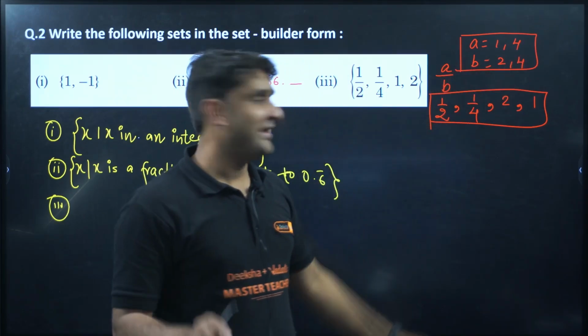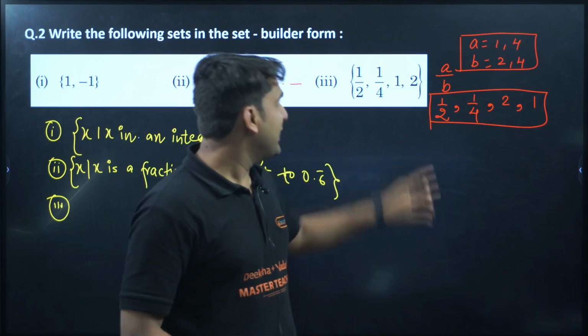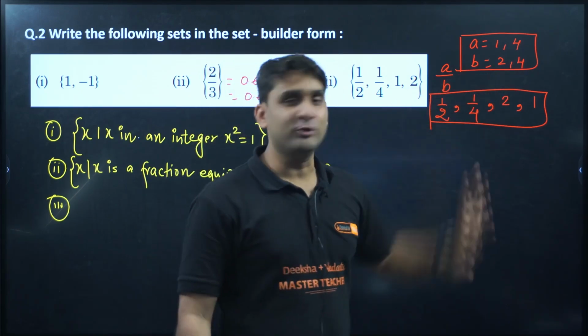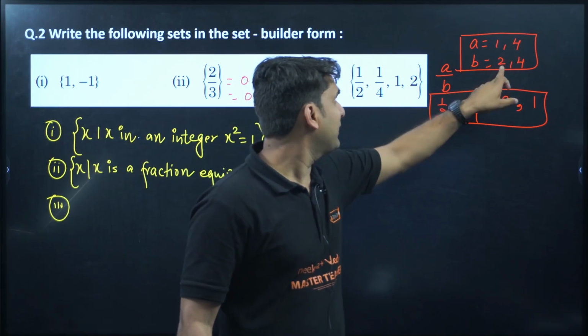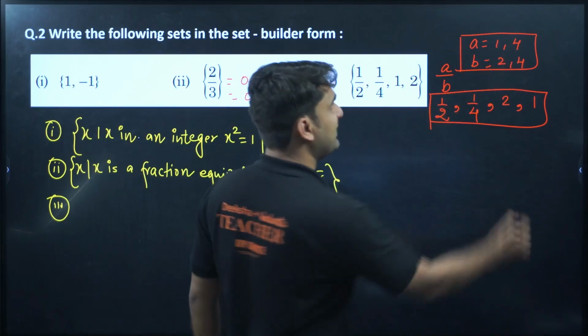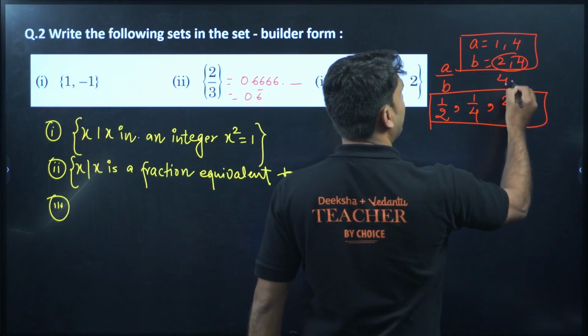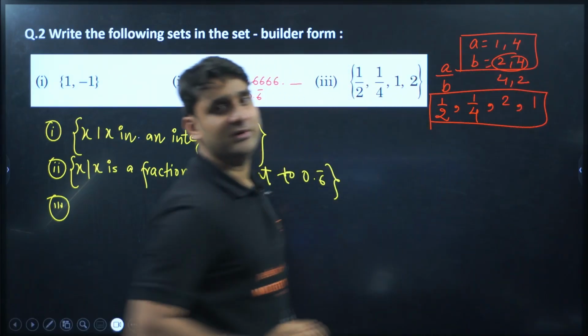Right, everyone? A should be 1 and 4 and B should be 4 and 2. If you write 4 here and 2, then 4 by 4 will be 1. So we can write this in 4 by 2 form, and exactly the same elements will come.